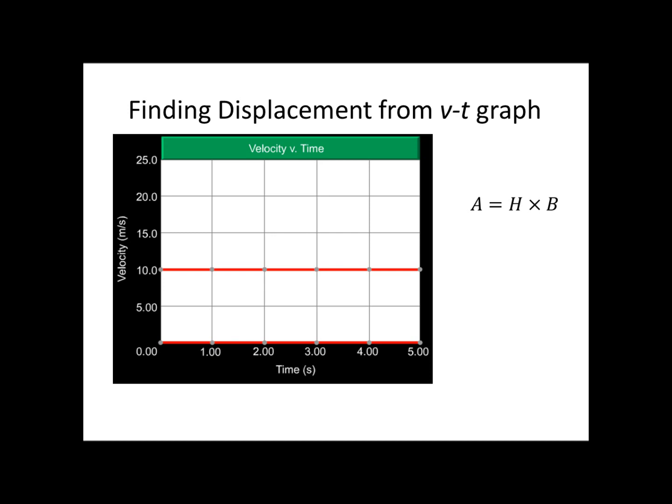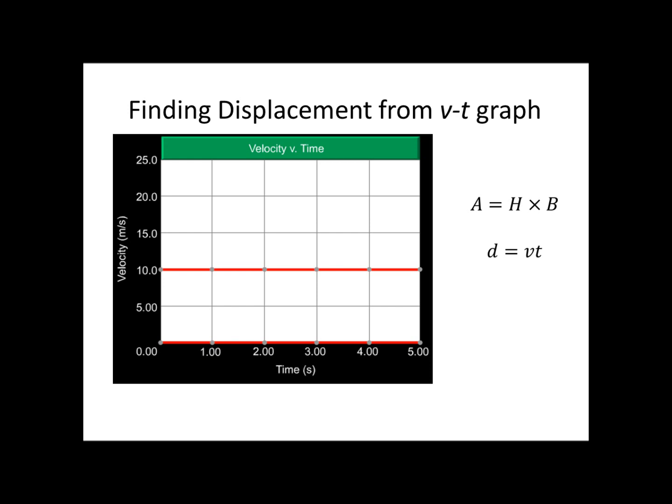Now, the area under this nice horizontal line we could just find by using our area equation for a rectangle. We take our height and multiply by our base. Now, you might be wondering, why in the world are we talking about area? Let's hold off on that question for a couple seconds, and I'll explain why we're finding the area.